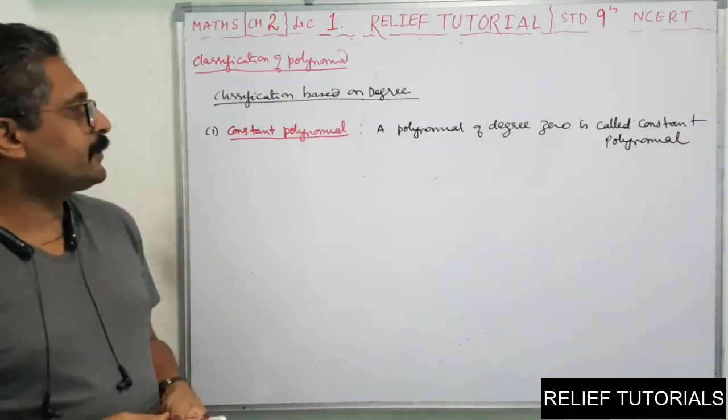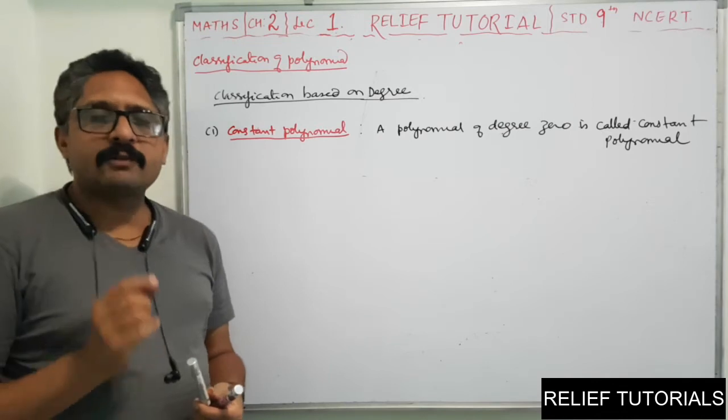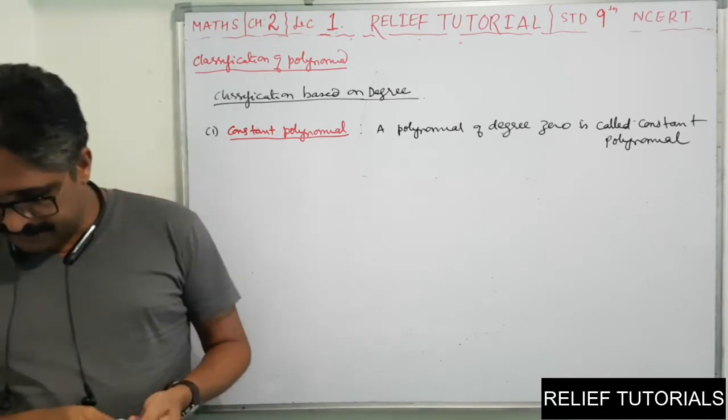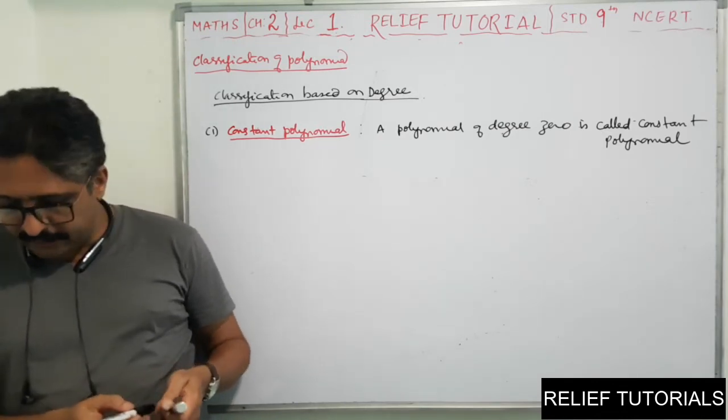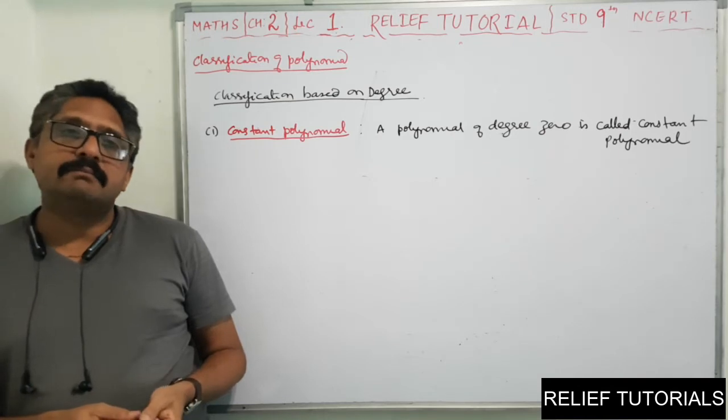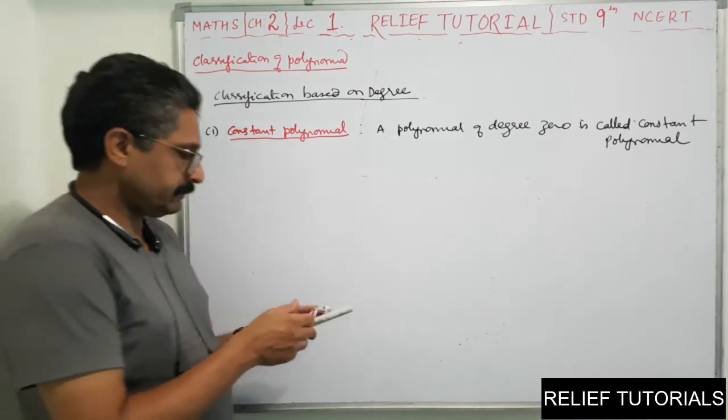A polynomial of degree 0 is called a constant polynomial. So what is a constant polynomial? A polynomial of degree 0 is called a constant polynomial, or we can say a polynomial containing only one constant term. See example.